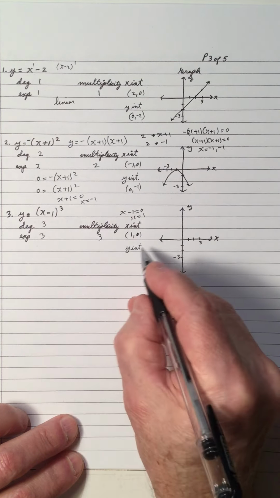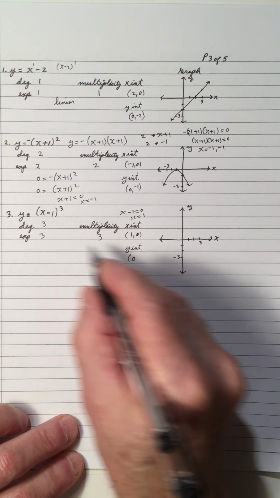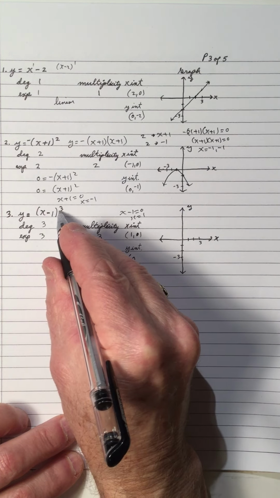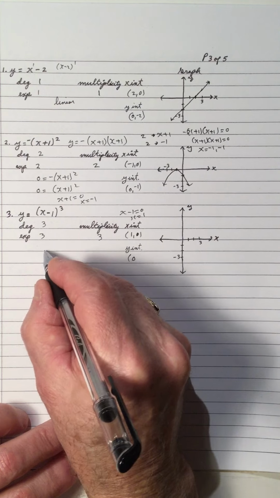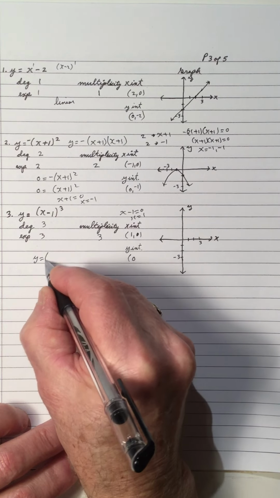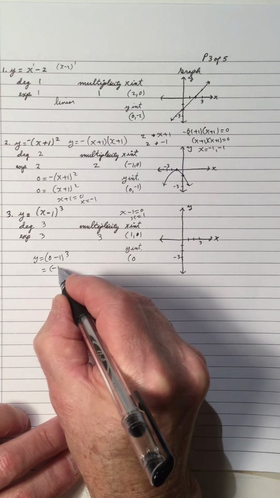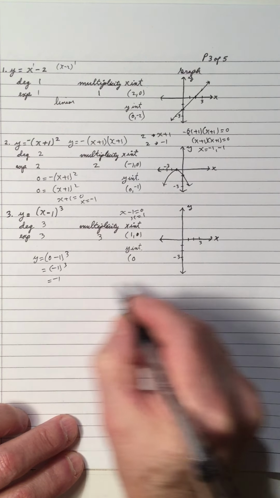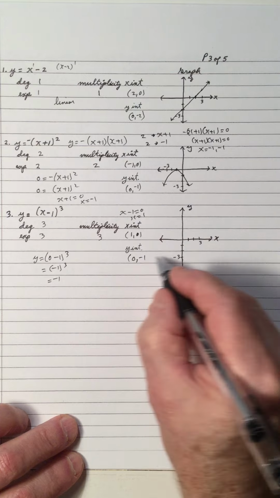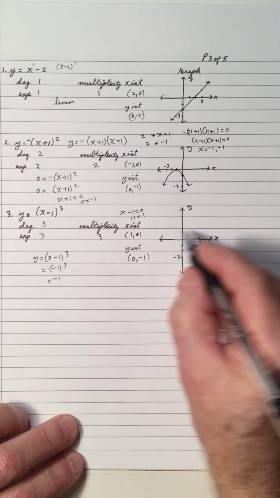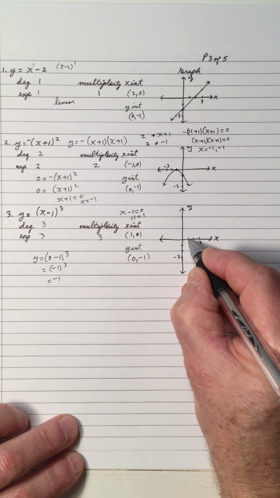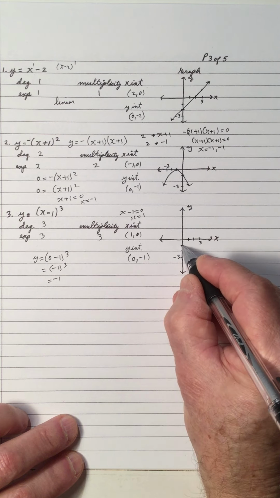And when you let x equal 0, that's a negative 1 cubed. So y equals 0 minus 1 cubed, that's negative 1 cubed, which is negative 1. So the x-intercept is 1. The y-intercept is negative 1.